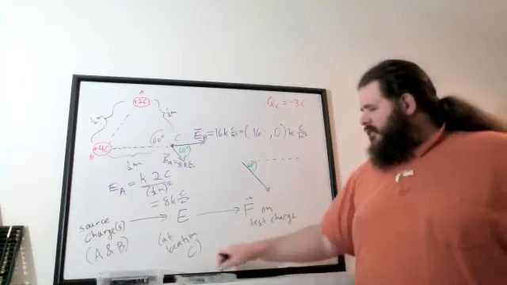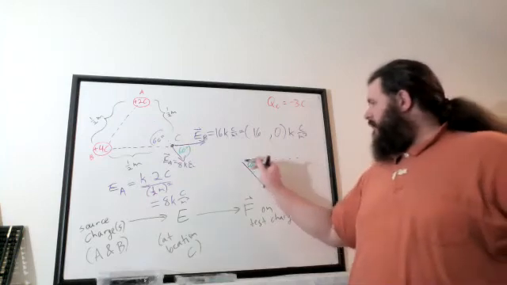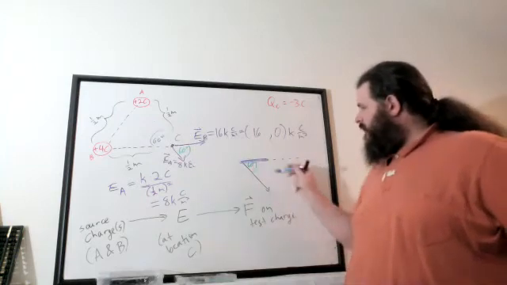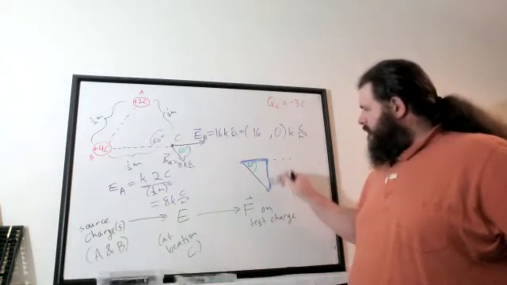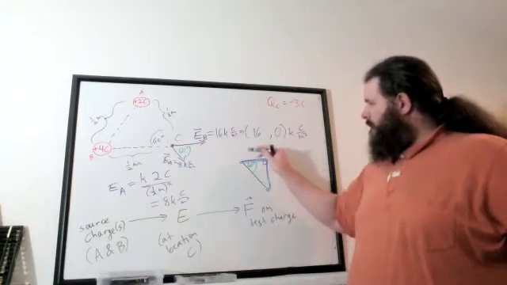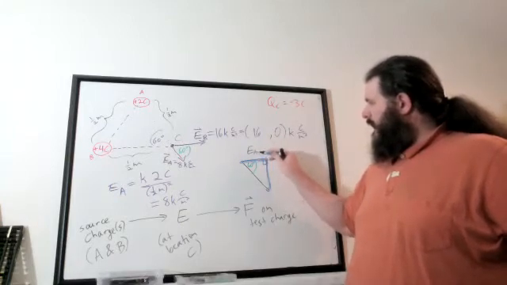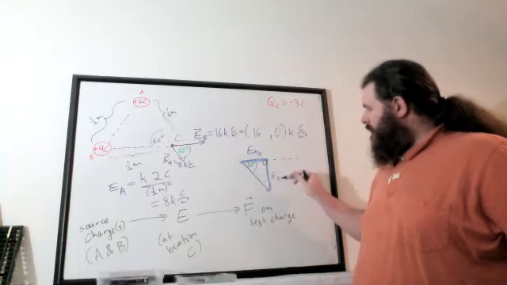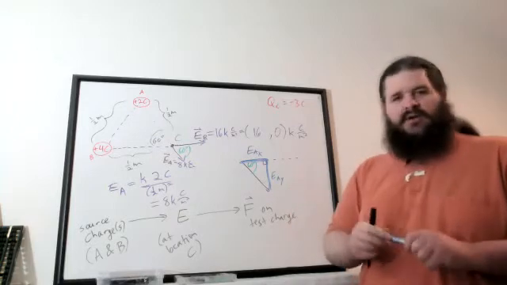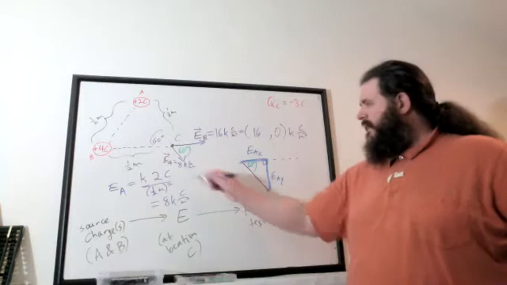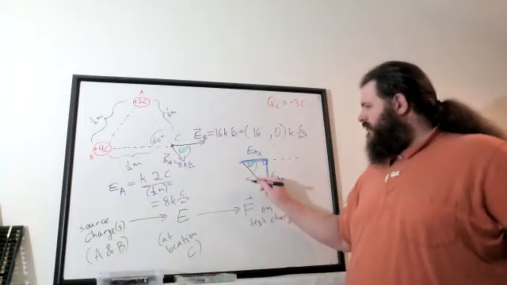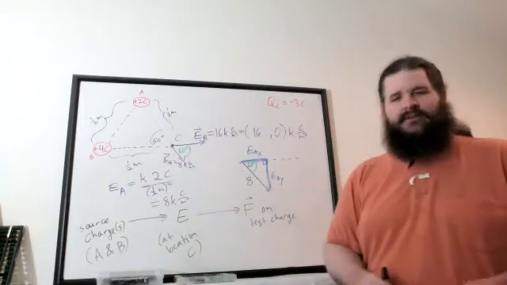And we want to split this into an X component and a Y component, with a right angle. EAX, EAY. And we know the magnitude is 8K, or let's just say 8. We can multiply it by K afterwards.